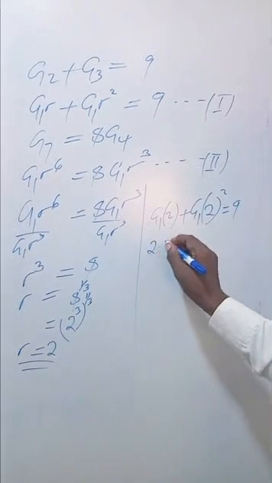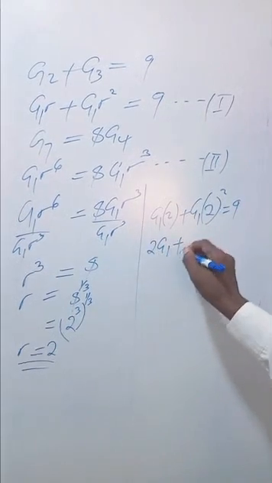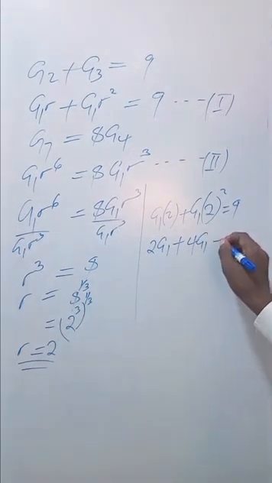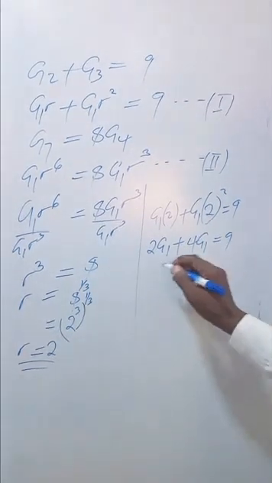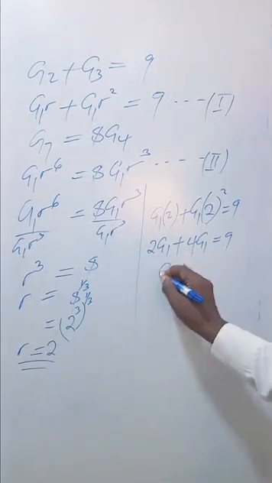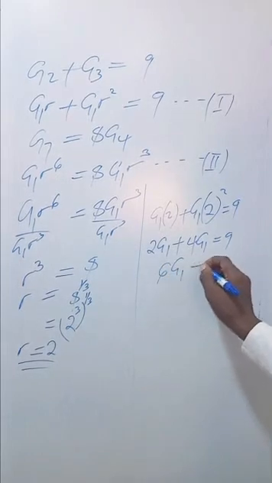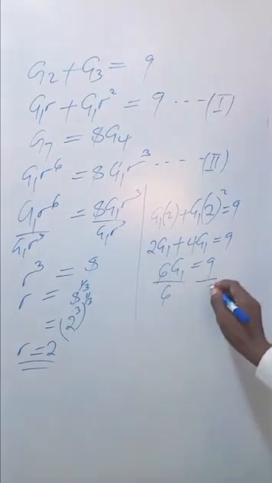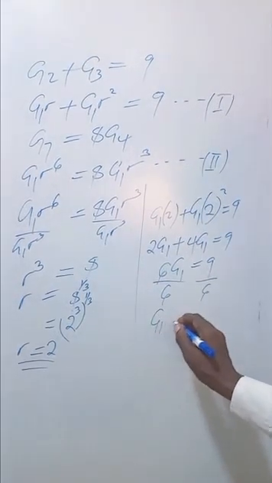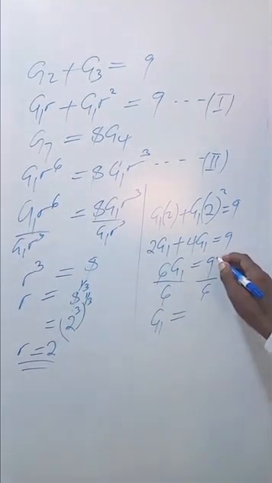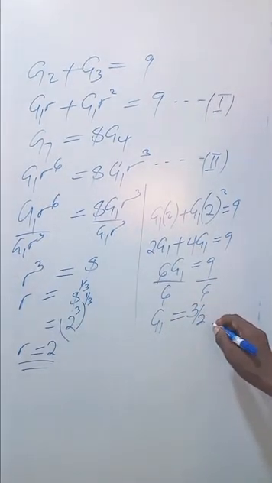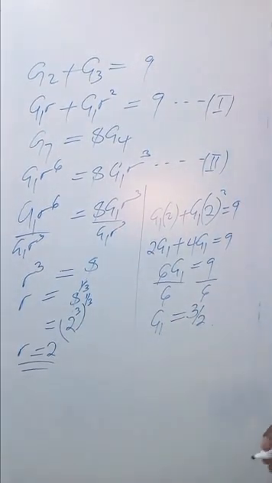This is 2G1 plus 4G1 equals 9. 2 plus 4, this is 6. 6G1 equals 9. 9 divided by 6, we get our G1 to be equal to 3 over 2.